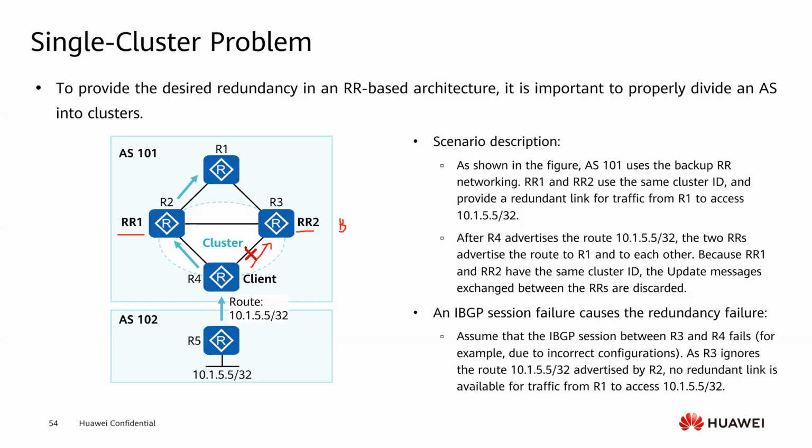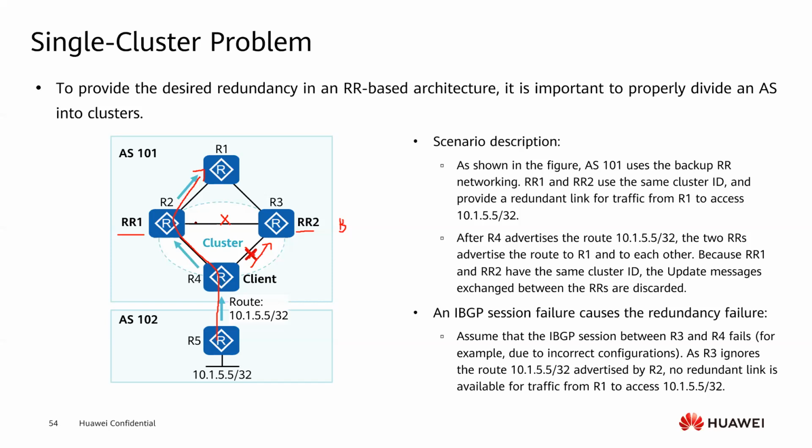Sometimes if a failure occurs on this link between R4 and R3, that means the route can only be sent this way. Because you remember R1 and R2 will not send the route to each other because they are in the same cluster.